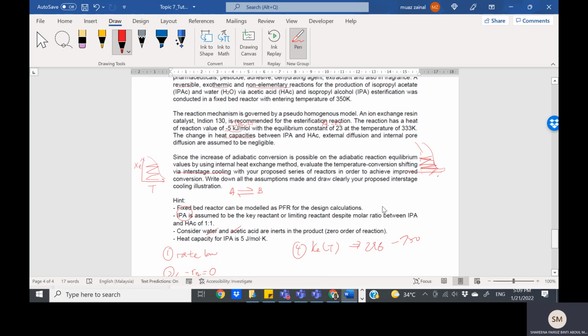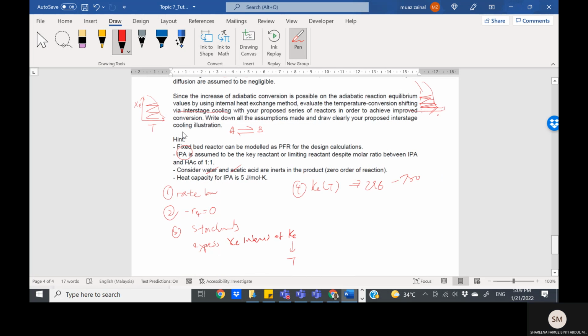Okay, so from here you'll be able to get what is XE lah, sebab XE ni akan berkaitkan KE daripada sini, daripada mass balance law, daripada rate law tu lah. So daripada situ you boleh dah tabulate lah what is T in K, start at 298 sampai, letaklah range berapa yang you nak.